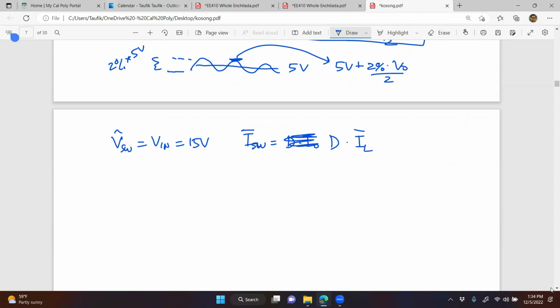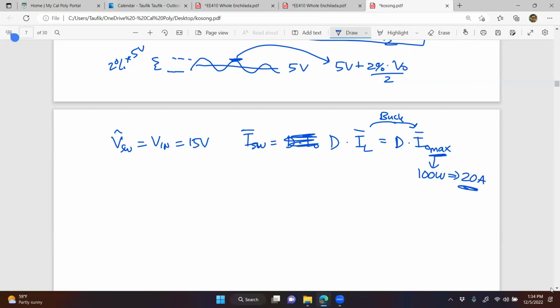And for a buck converter, this is equal to D times I out. You agree? So I have to find it at the max load condition, which is the 100 watts, right? This happens at 100 watts, which gives us what was the current? 20 amps, wasn't it?